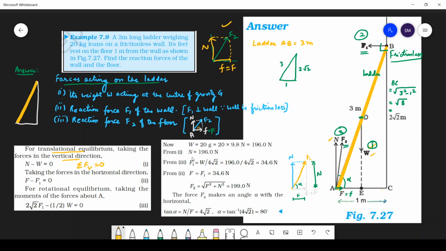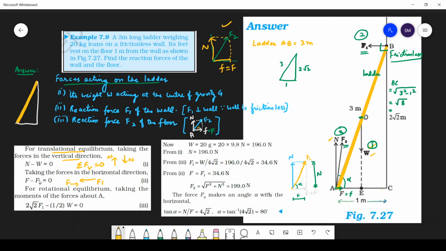In the horizontal direction you have two forces, F1 and F. F1 is in this direction and F is in this direction. Here Fy means the normal force: W acts downwards and the normal force acts upwards. So this is your F1, and this is your F, which is frictional.